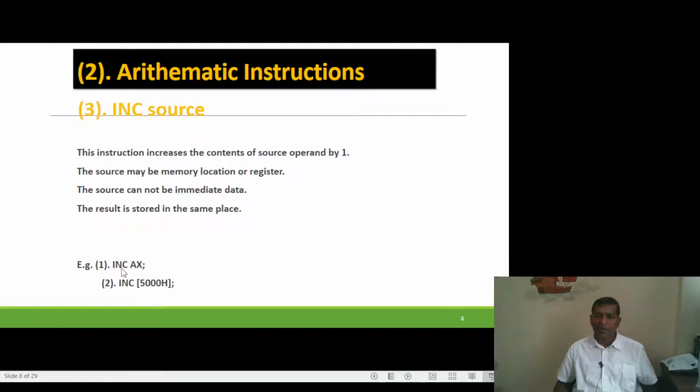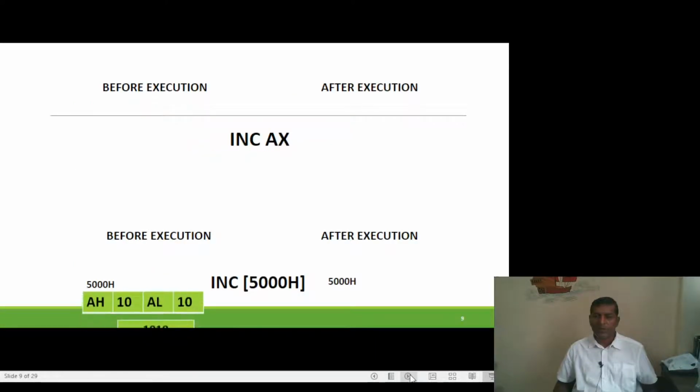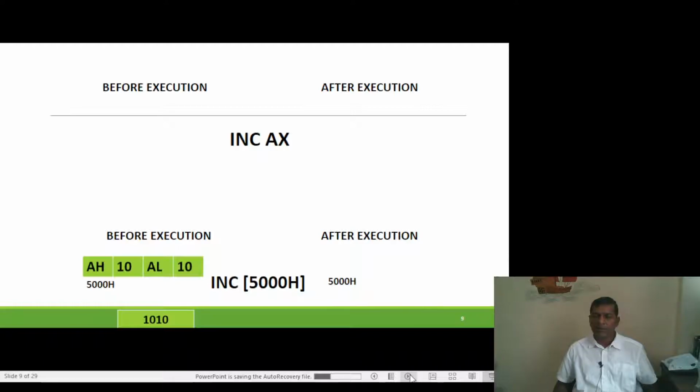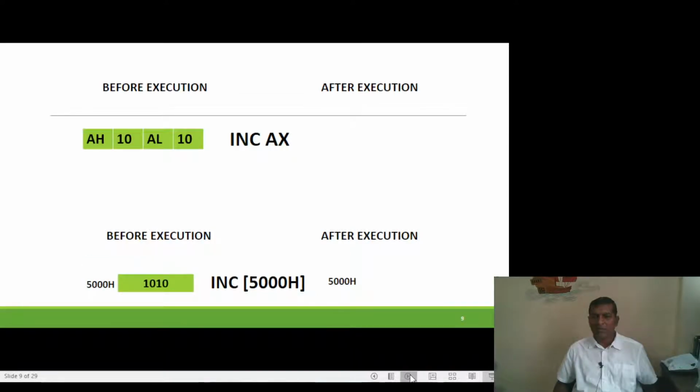INC AX and INC memory location 5000H are the examples. For the example of INC AX, AX has the contents 1010, and it will be incremented by 1.